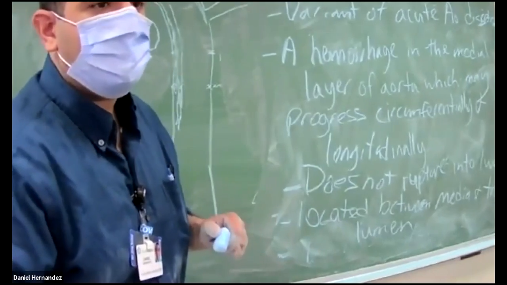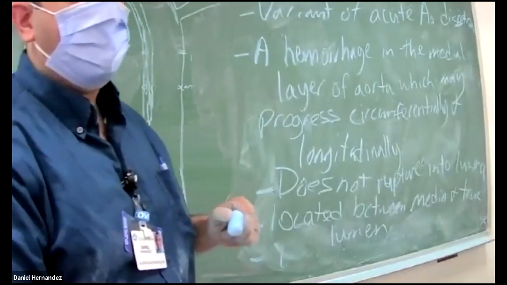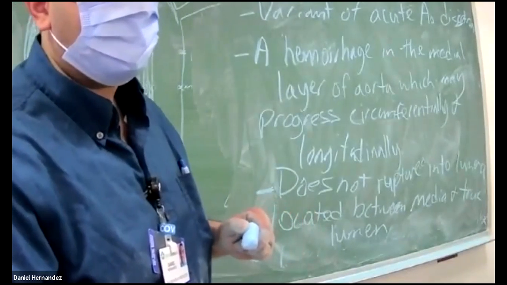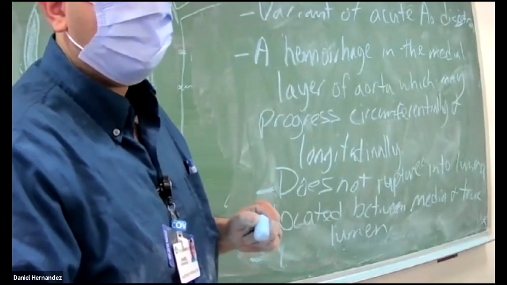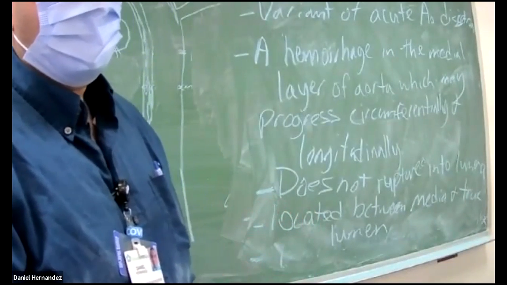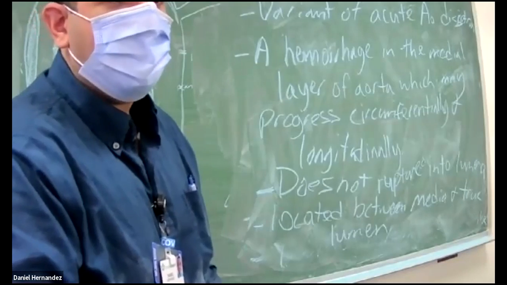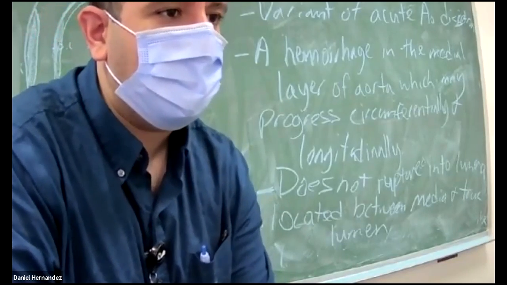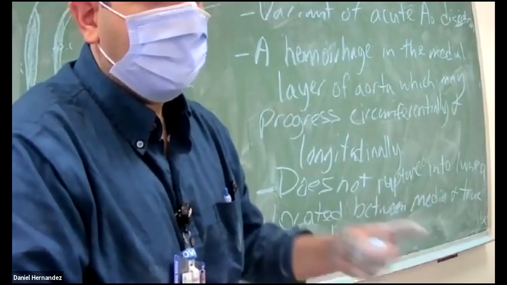So with this, the signs and symptoms are identical to that of an acute aortic dissection. And a TEE examination will show no communication point between the flow.